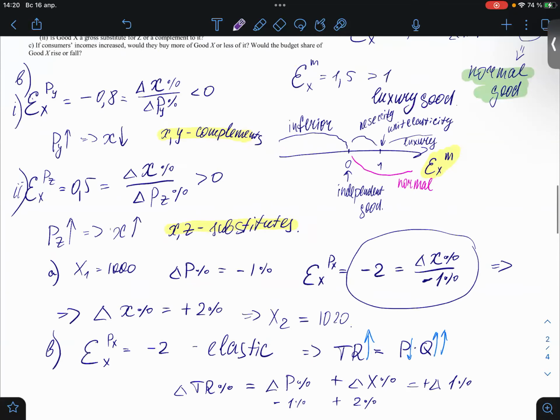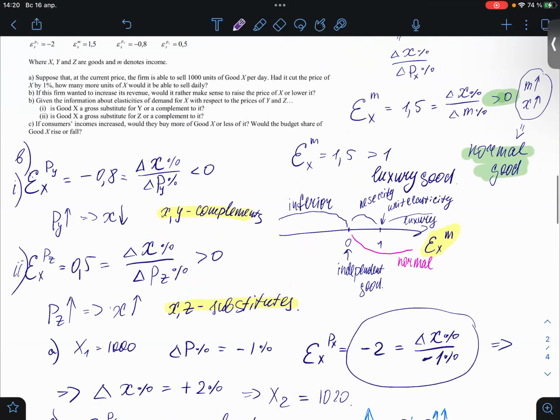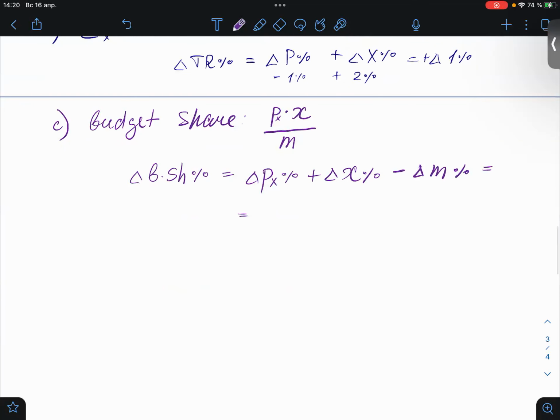So what do we have: does the budget share of good X rise or fall when income increases? Let's suppose that the change in our monetary income is plus 1%. We can also say the price of good X doesn't change, so this change is plus 0%.